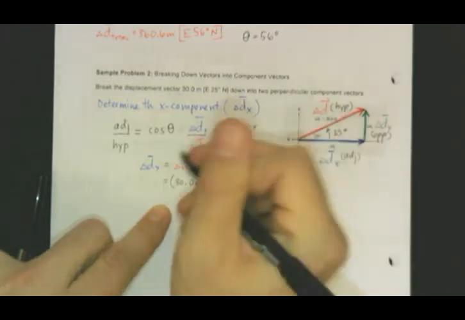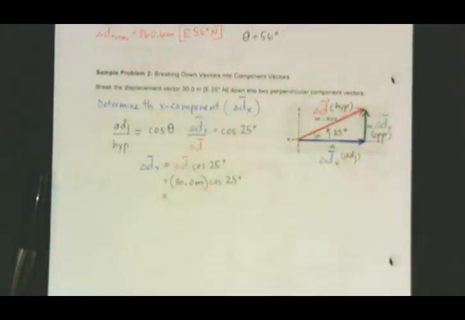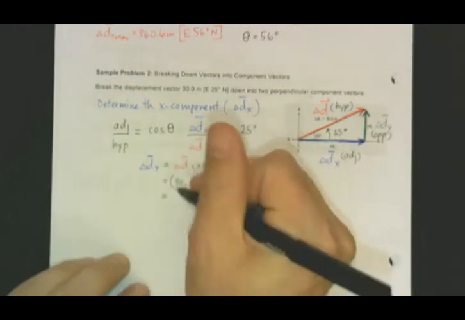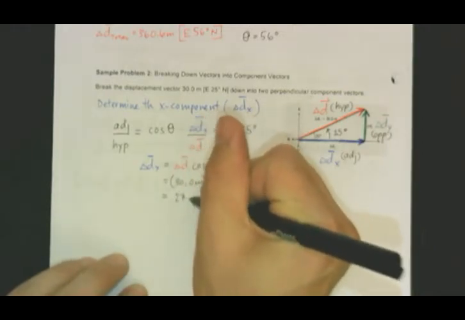Let's punch this into our calculators, and let's see what we get for delta dx. Everybody practice, because this could be tricky depending on how we have to use our calculators. Selena. Good. 27.2 meters. Is there a direction?